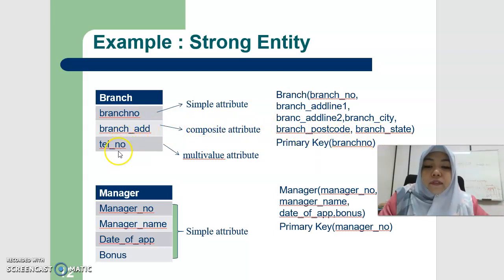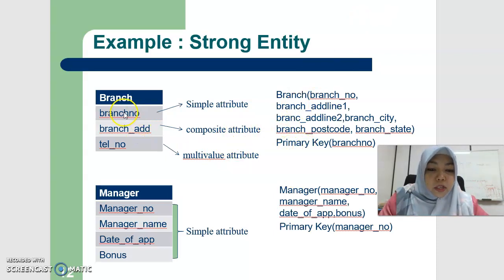Okay, then you also have telephone number, that is multi-value attribute. Because it is a multi-value attribute, you have to put it aside first. You don't have to put it inside your relational model yet. You will put it at the last part of the relational model steps. And then you identify the primary key.